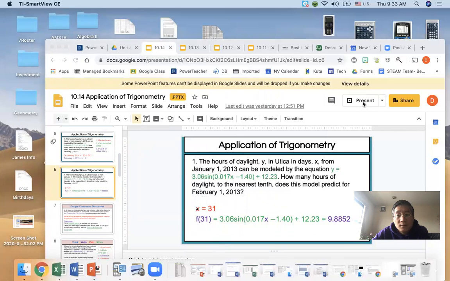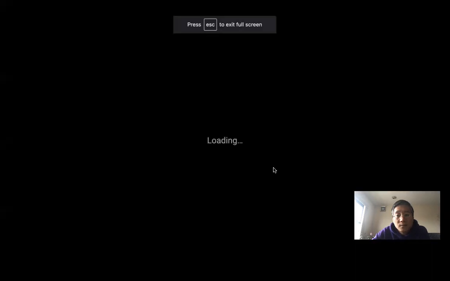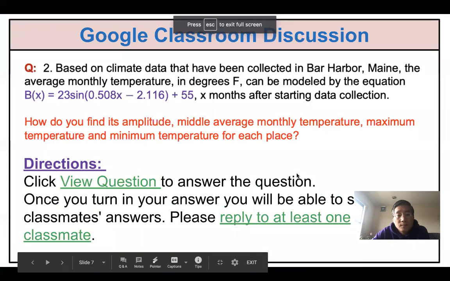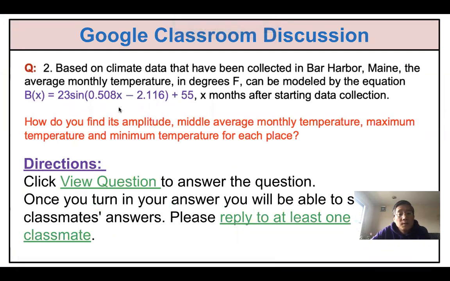Okay, so now if you go to the Google Classroom, please, based on this equation, okay, so now based on climate data that have been collected in Bar Harbor, Maine, the average monthly temperature, F, can be modeled by this.